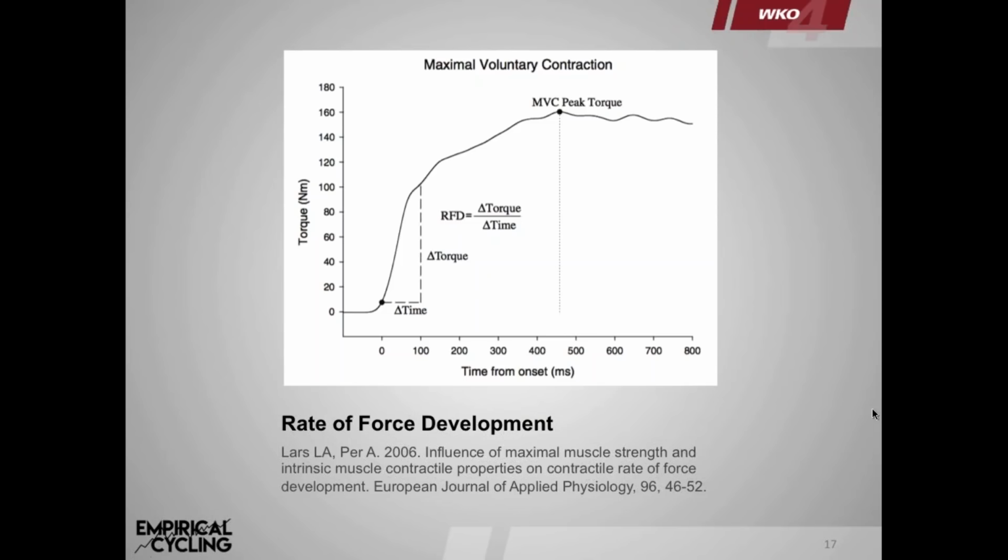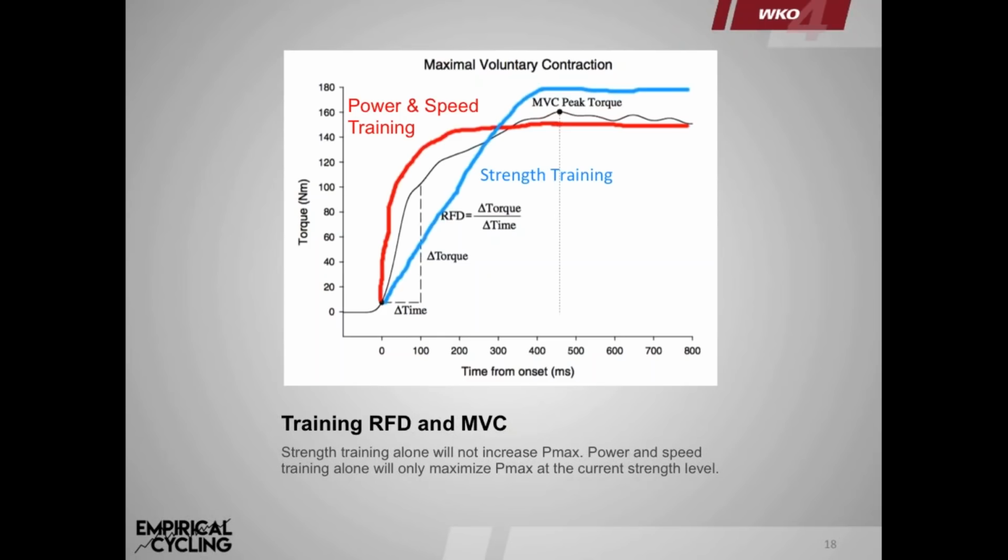So what we need to do is periodize properly, as always, and what we have here is my gross exaggeration of strength training and power and speed training. With strength training, obviously you're not going to lose this much rate of force development, but it illustrates the point that you are going to increase force all the way out here at 400 to 500 milliseconds, maybe a second for the heaviest squats.